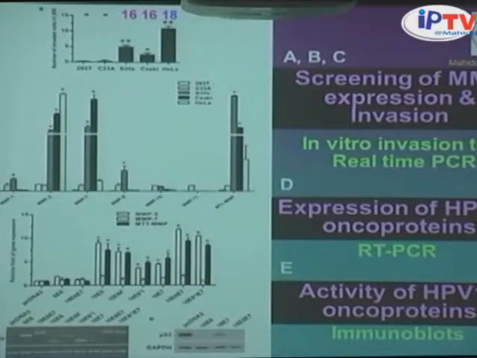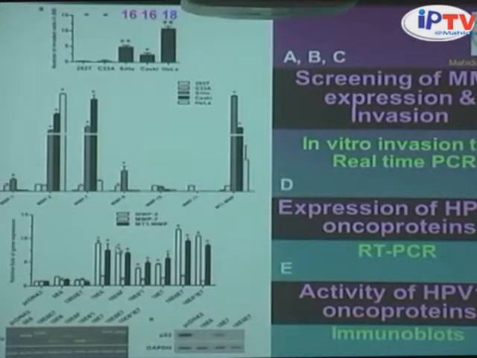So we select these 7 MMPs, namely MMP1, MMP2, 7, 9, 10, 11, and MT1. And you can see that MMP2, 7, and MT1 increase in the HPV positive cells. So then we concentrate on these 3 MMPs.